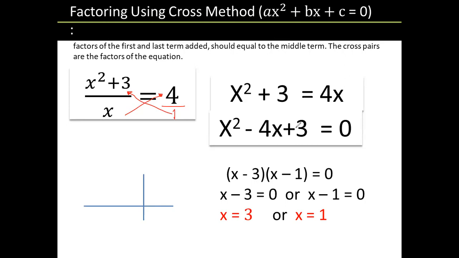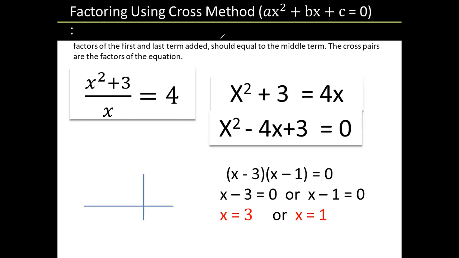Now take note, this is positive 3 and this is negative. So think that negative times negative is positive. We need to have our pairs all negative so that we can get this one. Take note, negative times negative is positive.